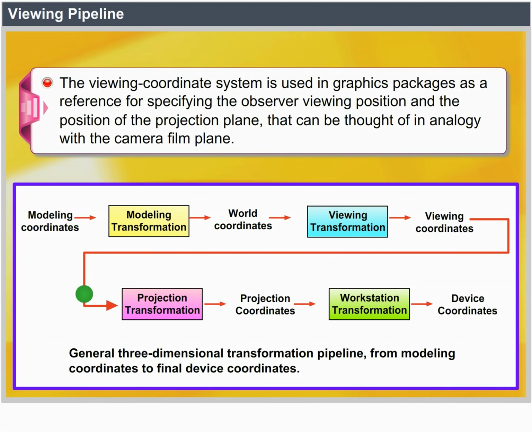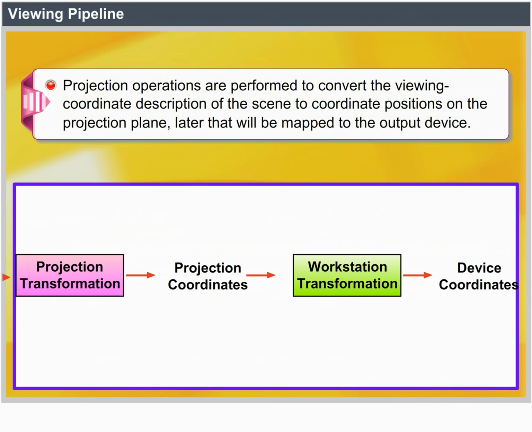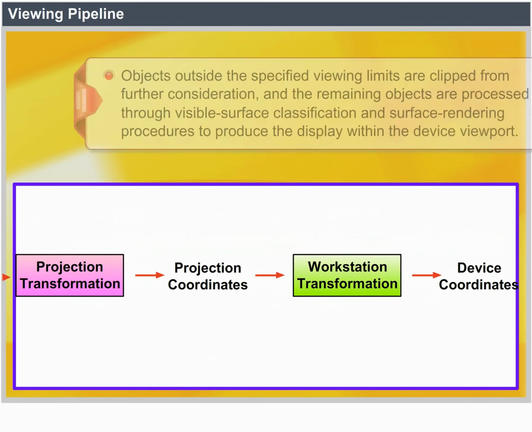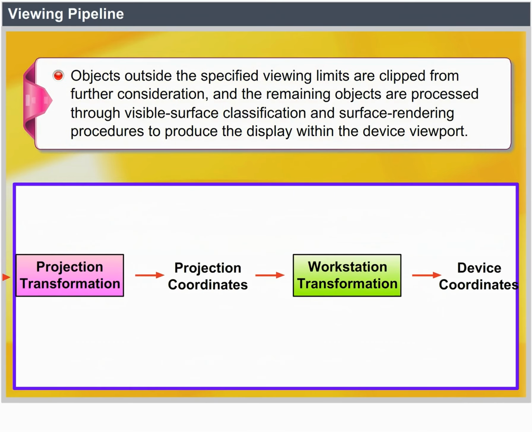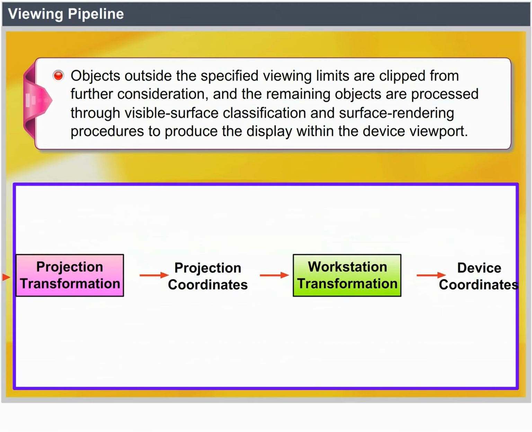Next, projection operations are performed to convert the viewing coordinate description of the scene to coordinate positions on the projection plane, which will then be mapped to the output device. Objects outside the specified viewing limits are clipped from further consideration, and the remaining objects are processed through visible surface identification and surface rendering procedures to produce a display within the device viewport.